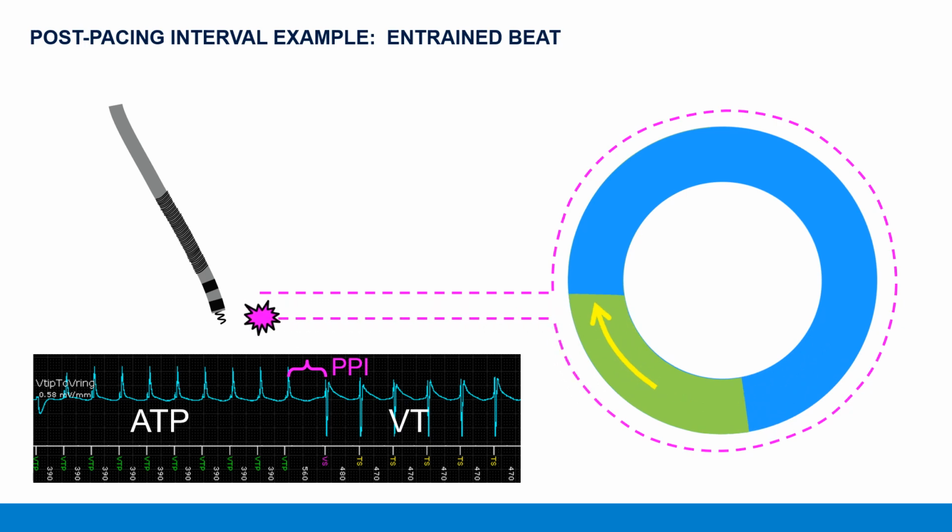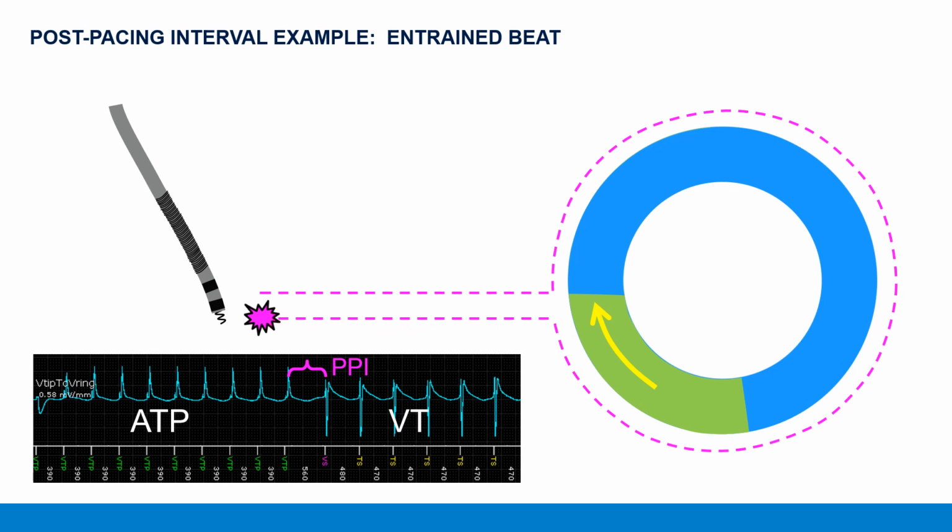And if we break that down into its temporal components, we're going to see that the total post-pacing interval time is composed of the electrical time it took to get to the entrance, the time it took to revolve around the circuit to the exit, and then the amount of time it took to get from the exit back to the lead.